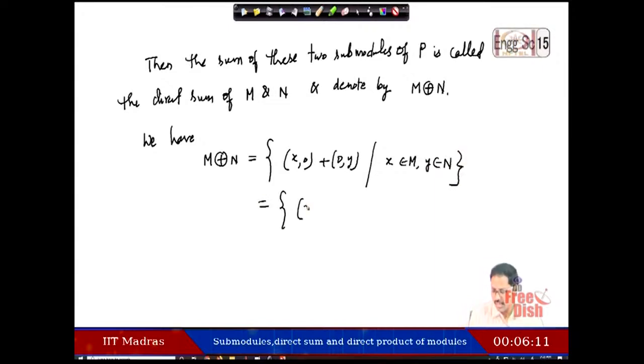This is precisely (x, y) such that x belongs to M and y belongs to N. So, M direct sum N has this property.